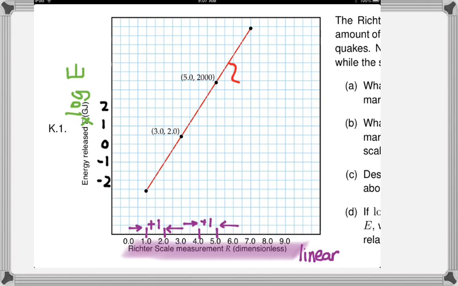So what this is saying is that on a plot of the horizontal variable r versus the vertical variable log of E, that graph is linear. That's the key observation.